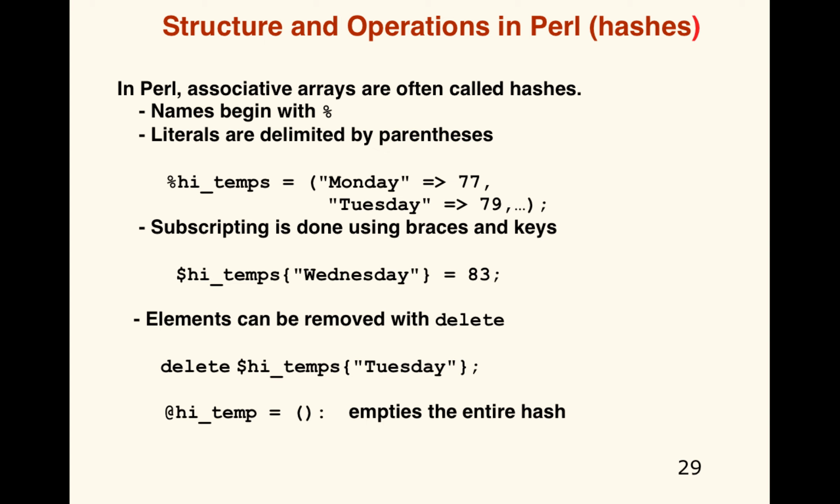So here's the structure and the operation in Perl. They called them hashes. So in Perl, the associative arrays are often called hashes, and the names begin with that symbol. Well, Perl is this funny language, actually. Instead of data types that are in words, it uses data types in symbols.